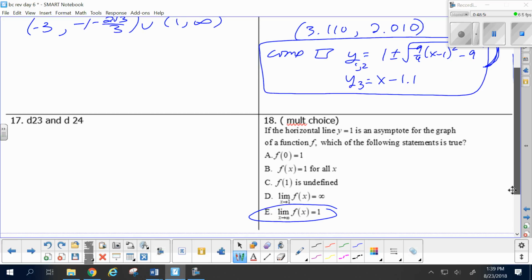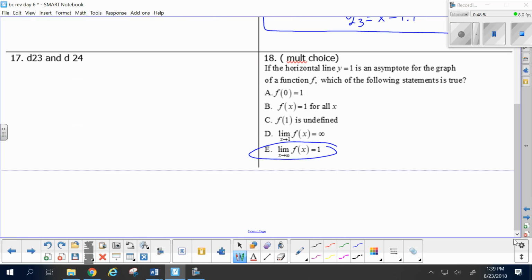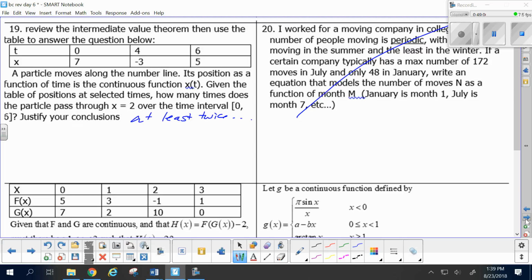18. Did you get E? Okay. Moving on to 19. How many times, if any, must it pass through x equals 2? Okay, there's two answers. Twice or at least twice.